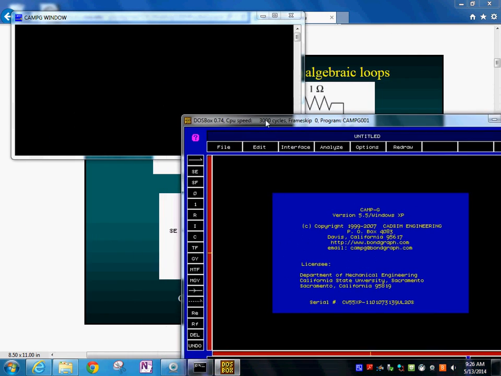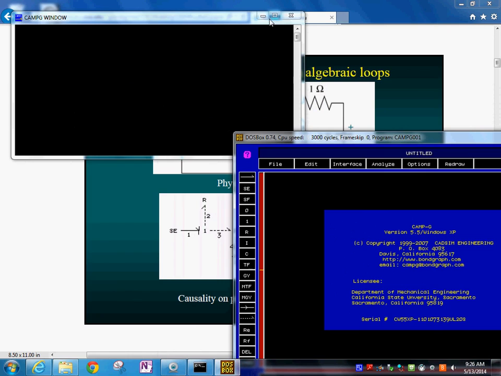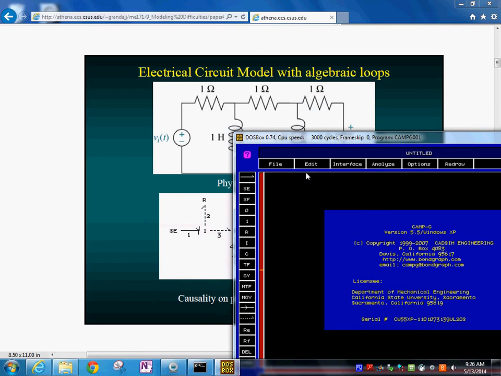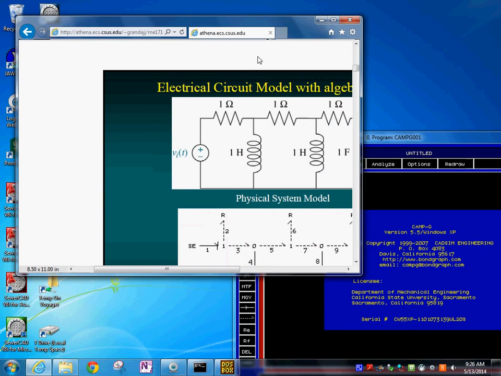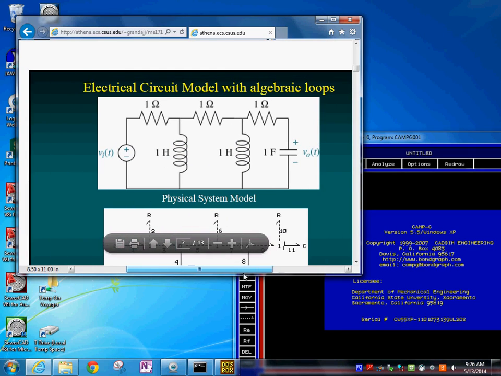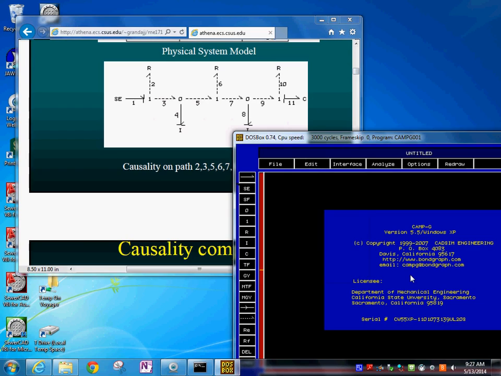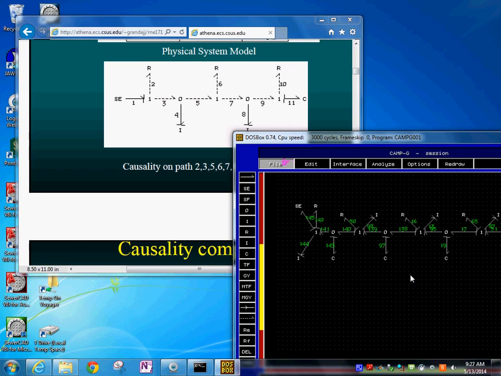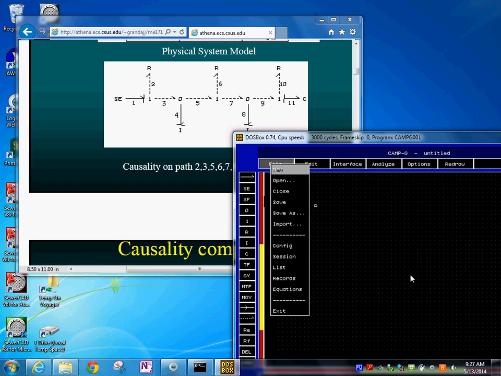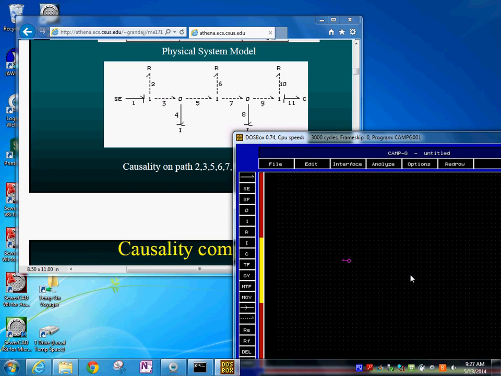I basically would like to have the bond graph model on my left hand side, and then here I'm just going to enter it, because it's possible that somebody who is looking at this is still not sure exactly what's going on. So let's just draw it.